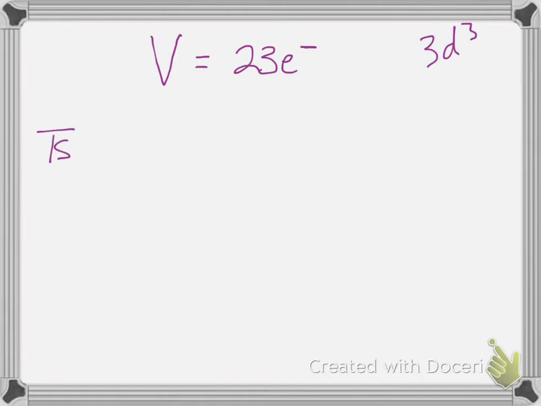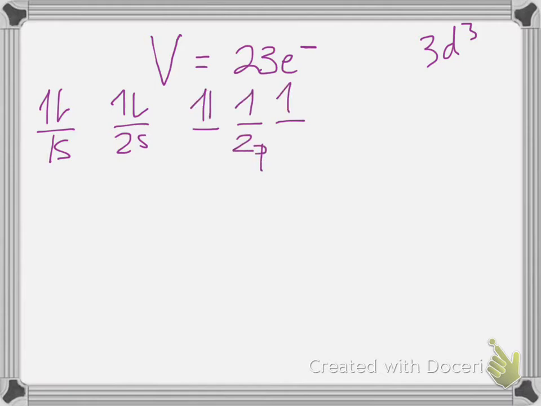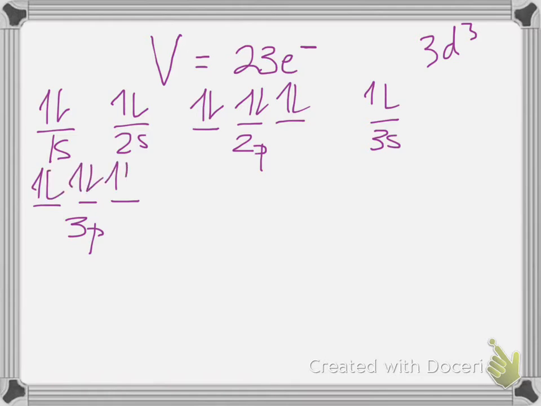1s, up and down. 2s, up and down. Then comes 2p. After 2p, we read to the next line and we get 3s, up and down. Then comes 3p, up and up and up and down and down and down.